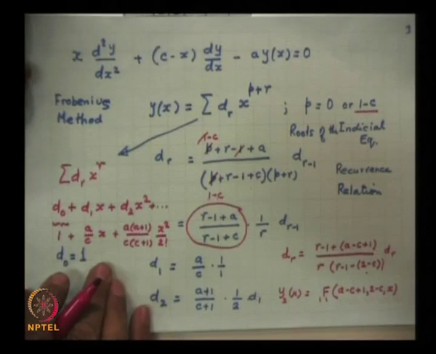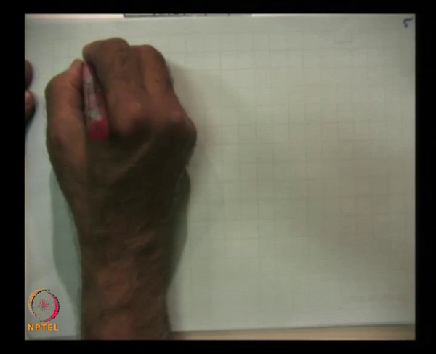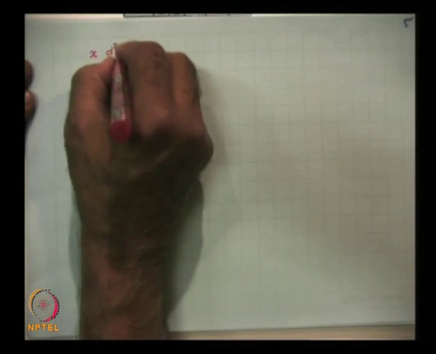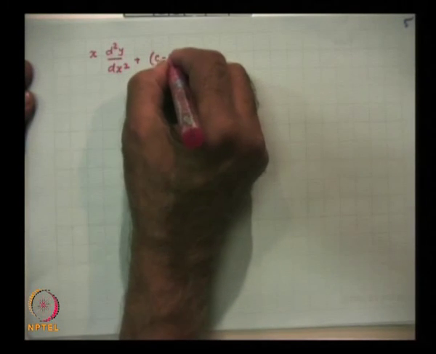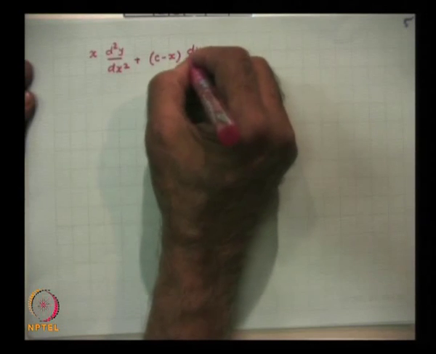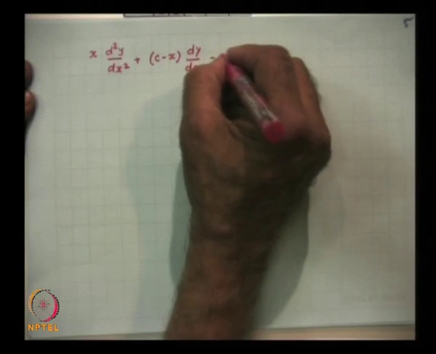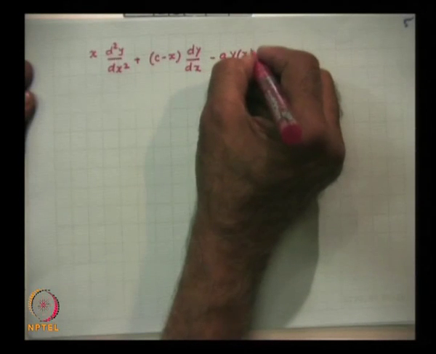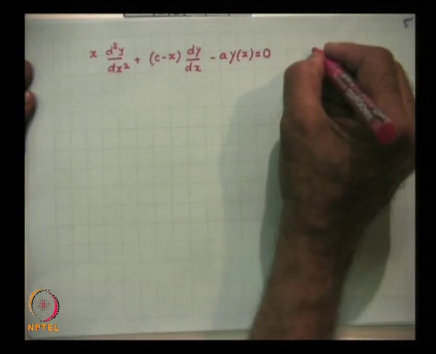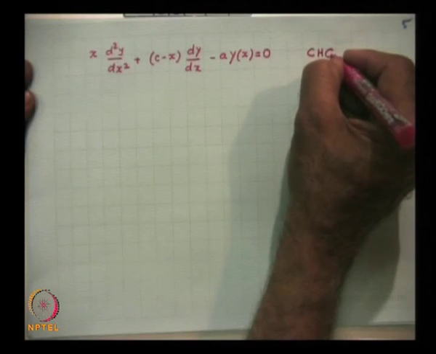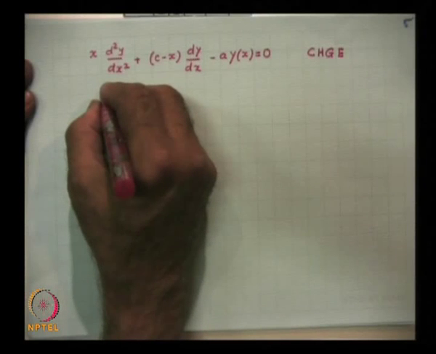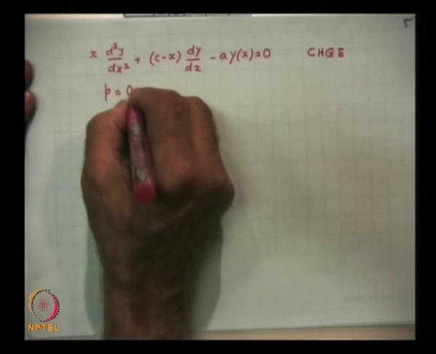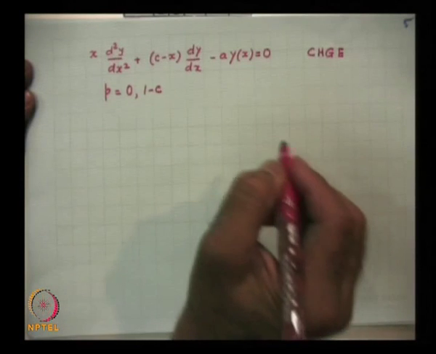So, therefore, the two independent solutions of this equation, that is x d2y by dx square plus c minus x dy by dx minus a y of x equal to 0. As I said, this is the confluent hypergeometric equation. So, we obtained p equal to 0 and 1 minus c.